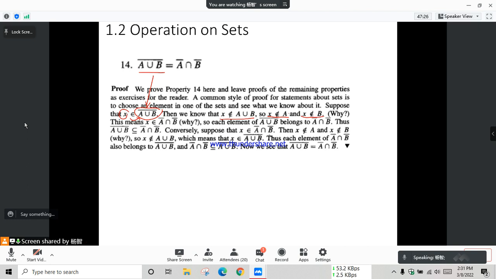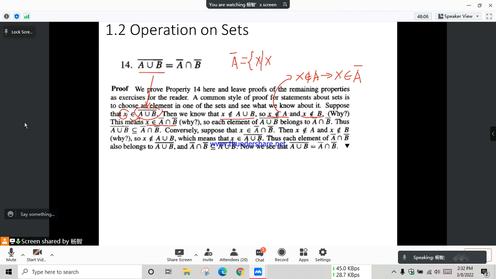And this means x belong to this. Why? But tell me why? Okay. If x do not belong to A, we can say x belong to the complement of A. Because what's the definition of complement of A?